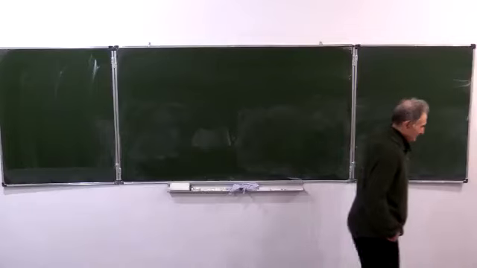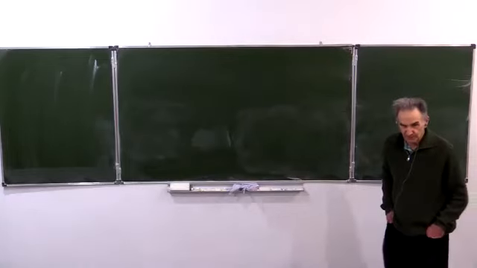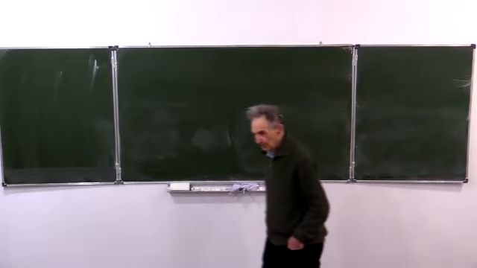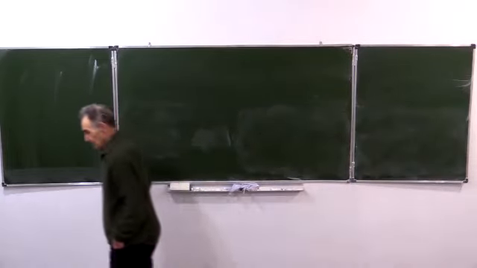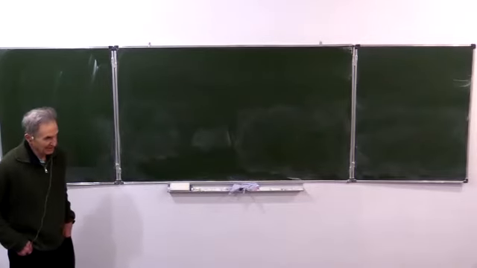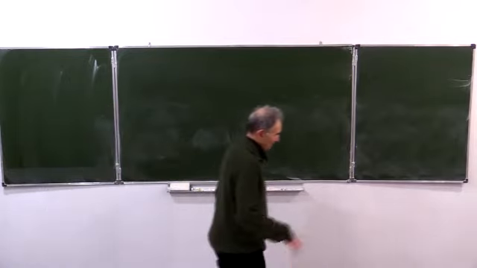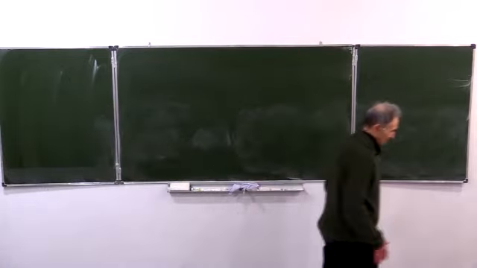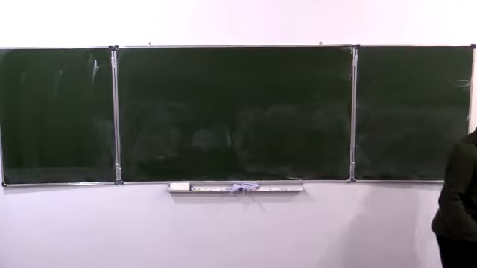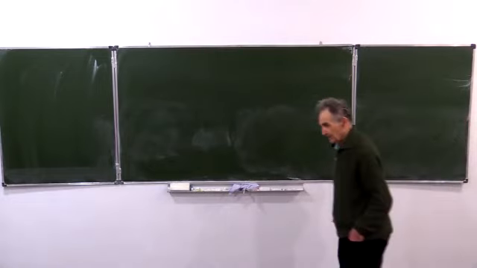There is also the name information geometry, but information geometry is already occupied because there is a theory developed by Chentsov and Amari, but some people extend this to a not yet created new theory which would describe information.